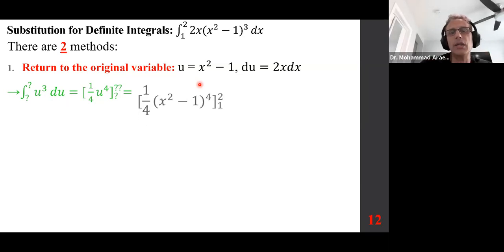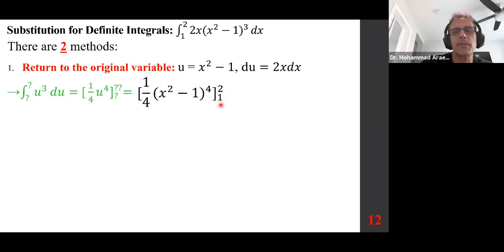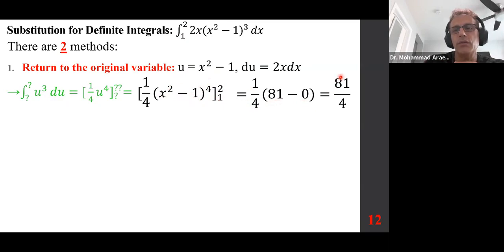And now I'm going to put the original limits. I put number 2, 2 squared is 4, minus 1 is 3. 3 to the power of 4 becomes 81. If I put 1, it becomes 0. So 1/4, 81 minus 0, this is the answer, you're done. So you can always go back to the original variable and you're done, there's nothing wrong with that.